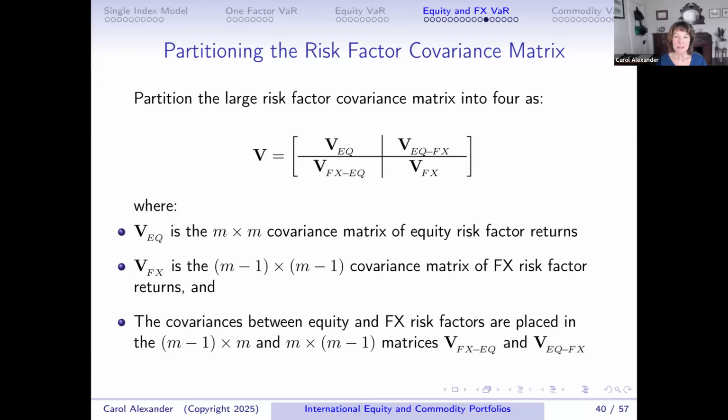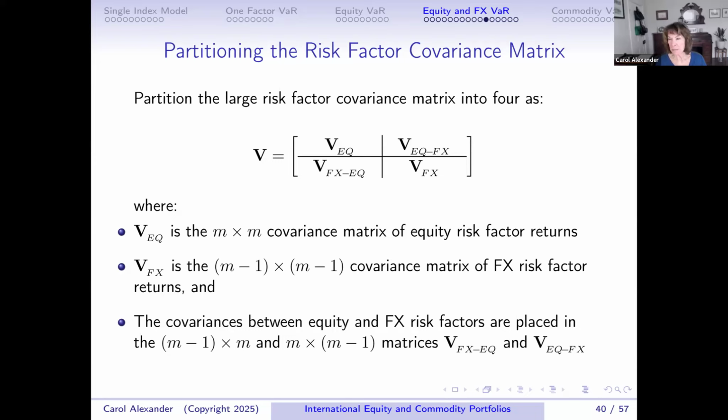So the next step is to partition this large matrix into 4. So you've got your top left M by M covariance matrix of equity risk factor returns, that's the V EQ. Then you've got your bottom right covariance matrix of the FX risk factor returns, which is dimension M minus 1 times M minus 1.